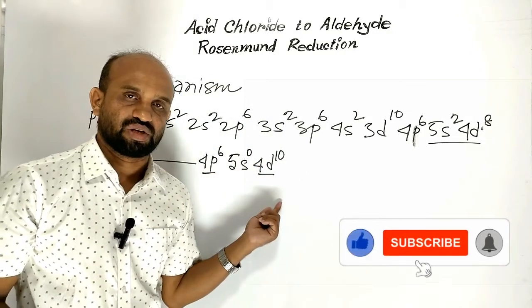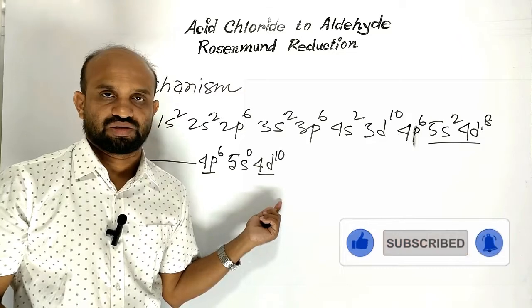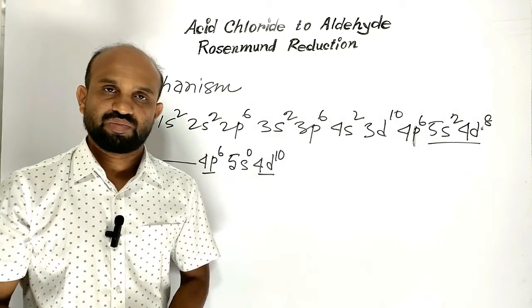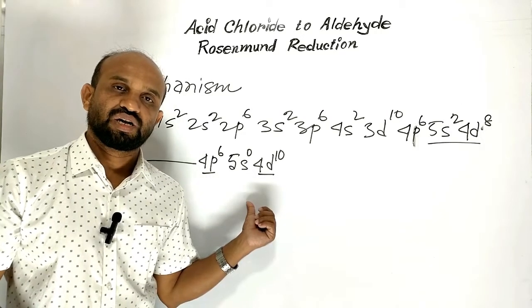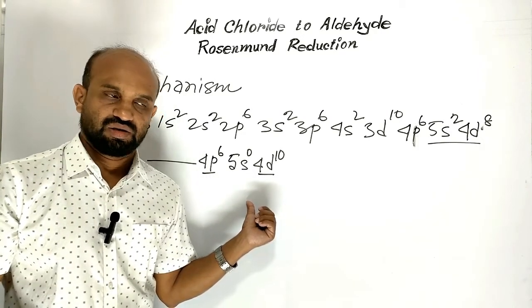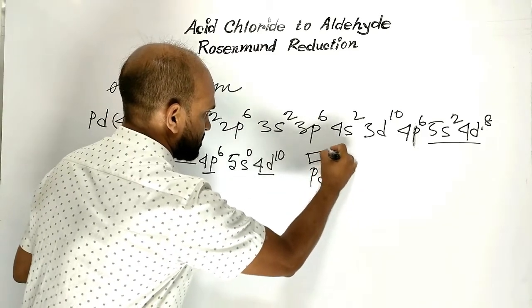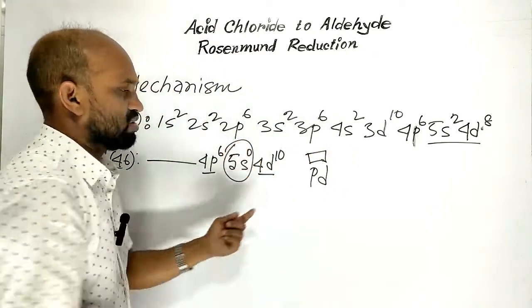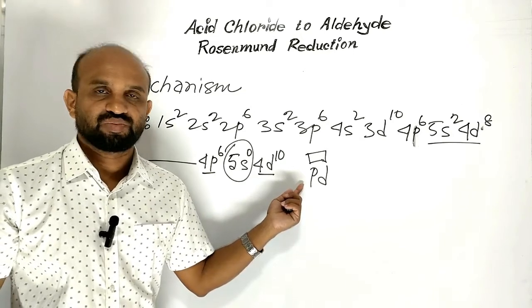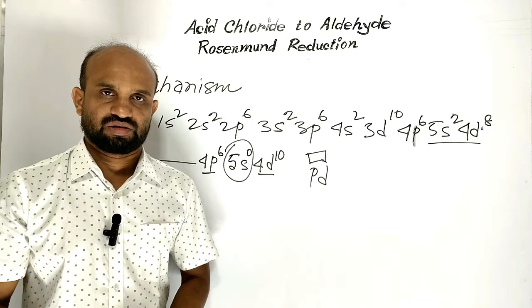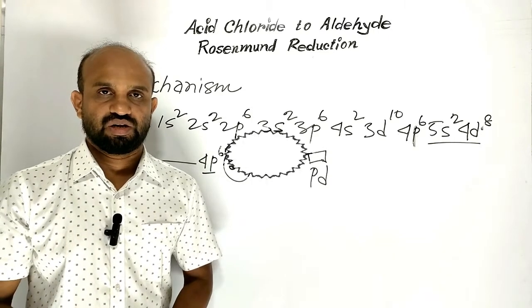Fulfilled orbitals, stable electronic configuration. To get stability, this rearrangement occurs. Now we can say that palladium has a vacant orbital. This vacant orbital is the reason for working as catalyst. Let's see the matter in detail.